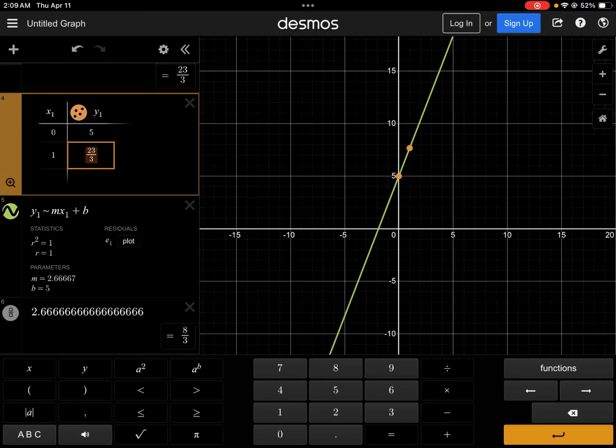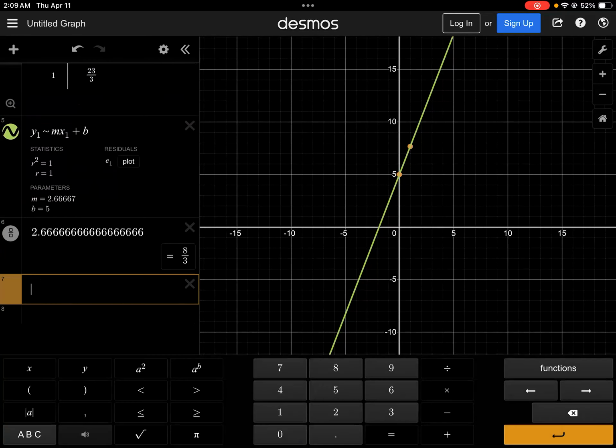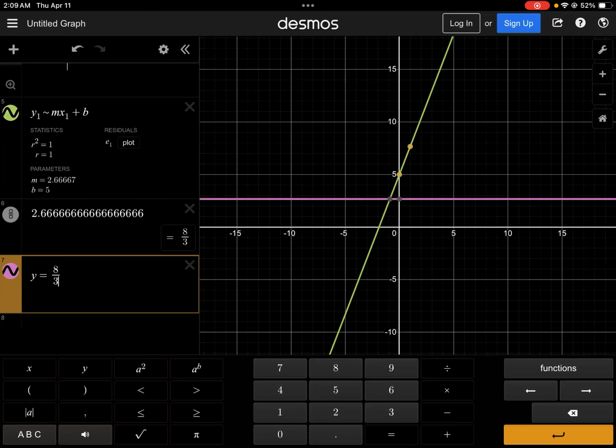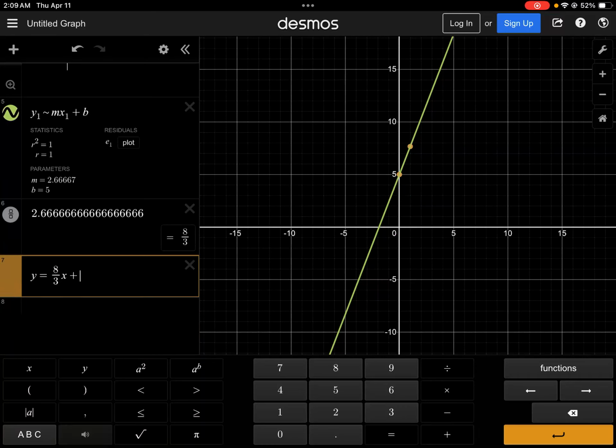So let's go to the next tab and put everything together, and I get y equals, the slope was 8 over 3, 8 divided by 3, x plus 5.